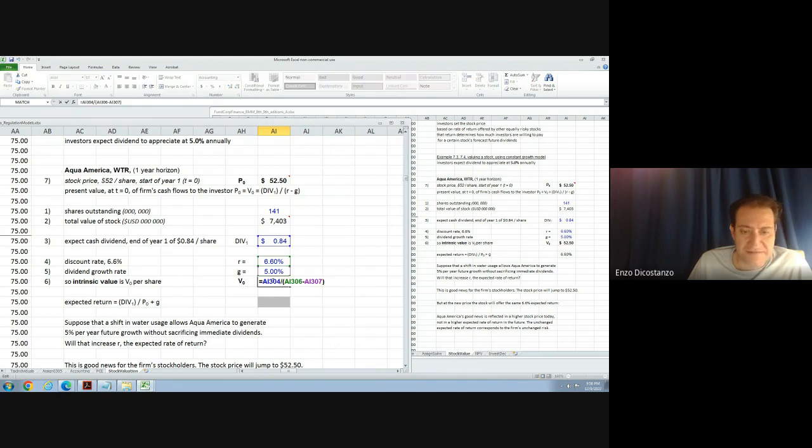That comes into what the intrinsic value is. Again, when G is at 0, and when G is higher, you're going to get a bigger valuation, and then the expected return, we're just backing out dividend divided by price at time 0 plus G.